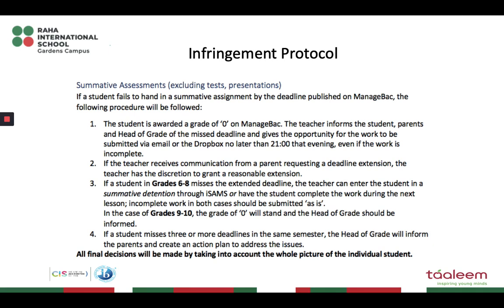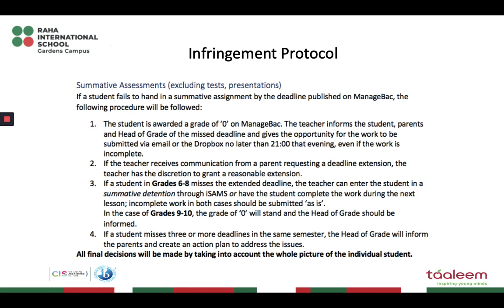Another important aspect in the assessment and reporting policy is the infringement protocol. I'm not going to read through all of this now, but it is very important. If your child happens to be late in handing an assignment in, which happens more often than we would like, we do go through certain steps, and there's very little room for negotiation at the end of this.